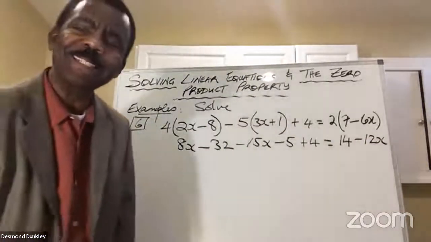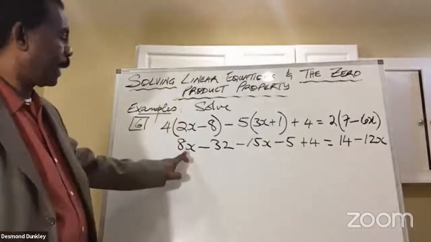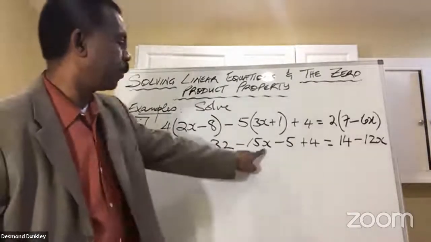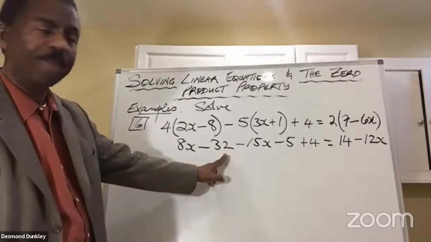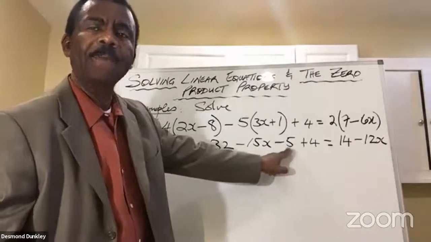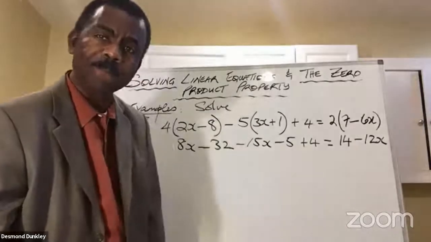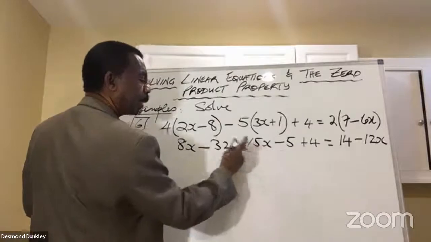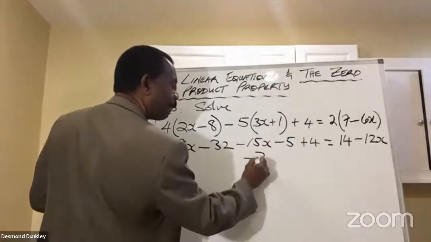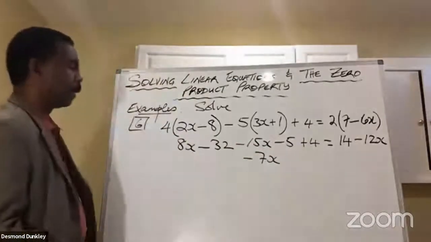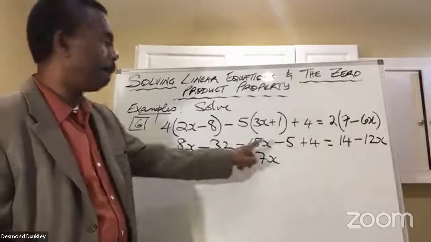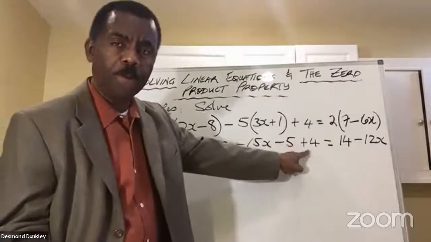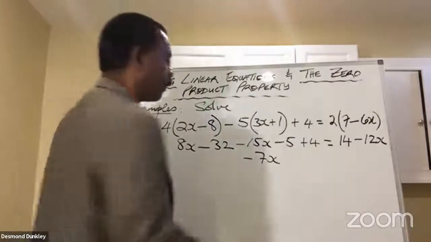No more parentheses. But if I look here, I see 8x, negative 15x. I can combine these two, and I can also combine negative 32, negative 5, and positive 4. Let's see what we get. 8x take away 15x is negative 7x. Negative 32 minus 5 is negative 37. Plus 4 is negative 33.